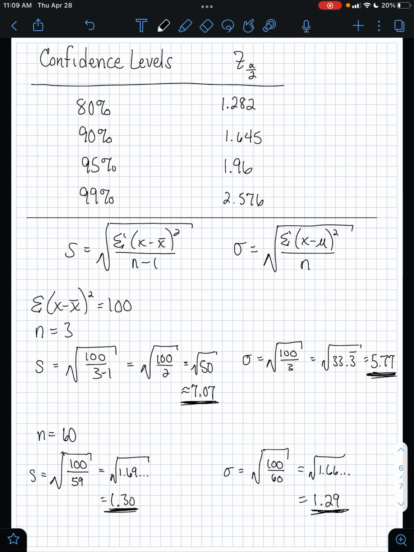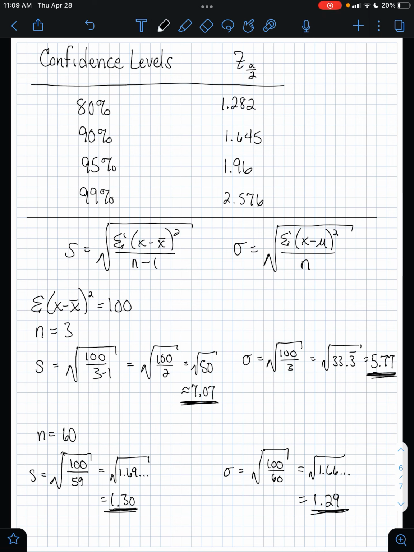So this is going to address how the assumption of sigma can be made. If we have large enough values of n, the difference between sigma and s is virtually non-existent. That little subtraction of 1 in the denominator doesn't make as big of a difference when n is large enough, because it's in the denominator, because we are dividing.